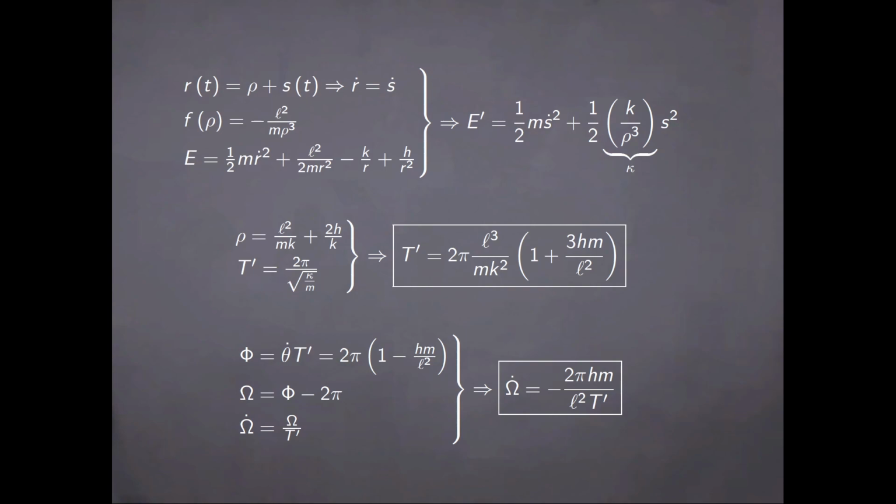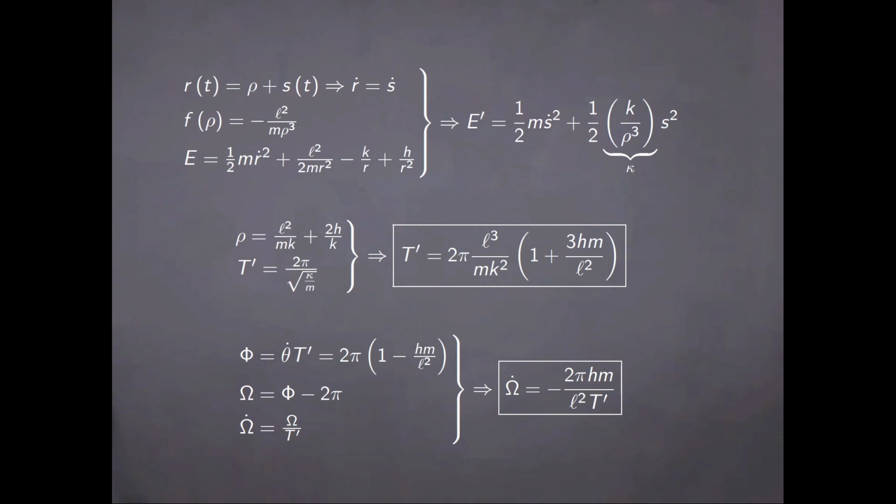Then if we want to look at a possible precession rate in such a field, we calculate the angle phi as the product between the angular velocity for circular motion and the period of the perturbed motion, to find the expression here, which should be written up to first order in h, because it's assumed that this is a small quantity.